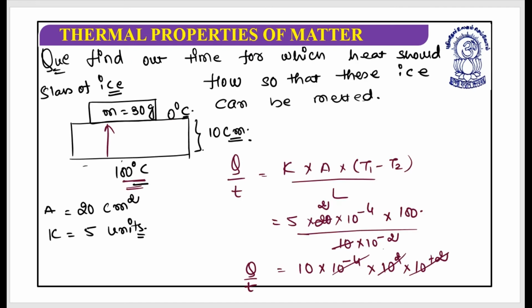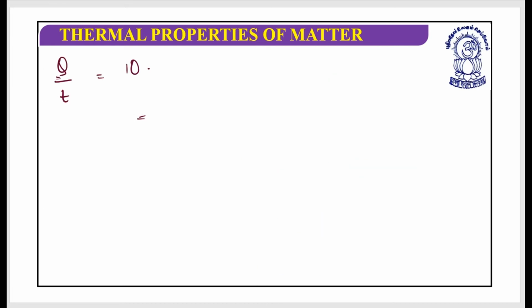You need to melt the ice, and this ice is 30 gram. So Q by t is equal to 10. This Q can be written as mL by t, and that should be equal to 10.